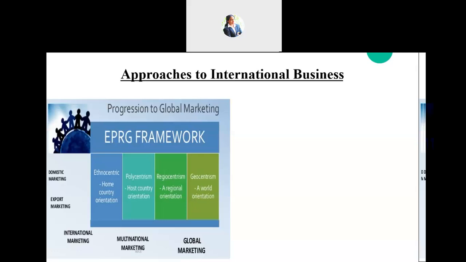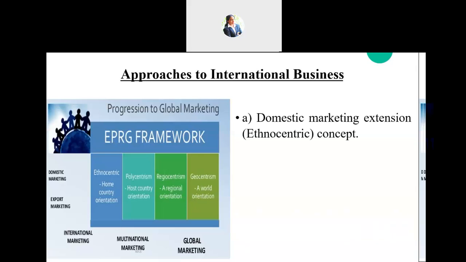Now, as I said earlier, it consists of four stages in the international operations and evolution process. It also explains how the organization views the world.